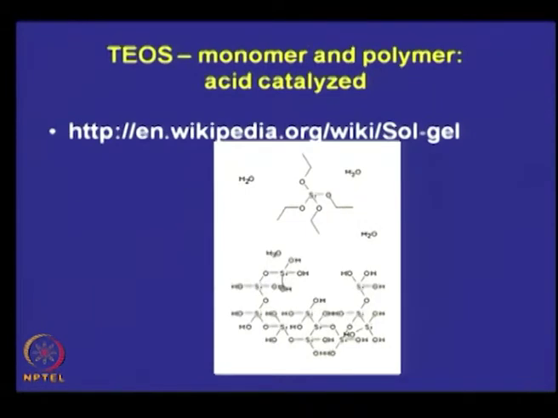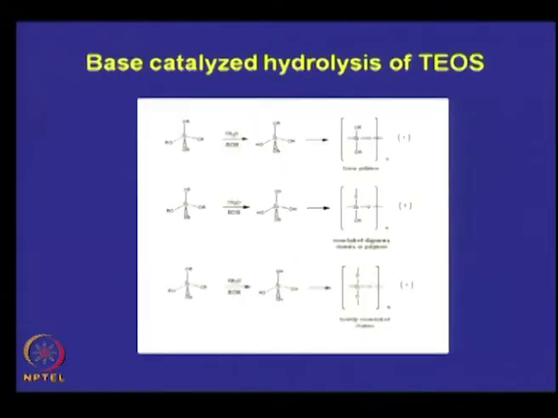So, in acid hydrolysis I get polymerization, whereas in base hydrolysis I got heavily cross-linked clusters or polymers of SiO minus, which I have shown in number 3.